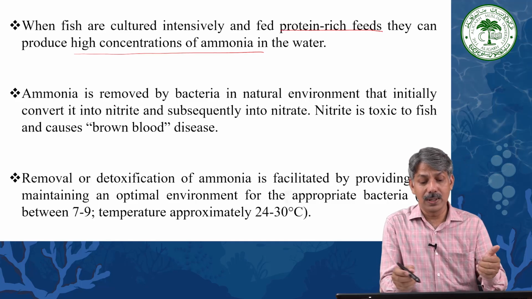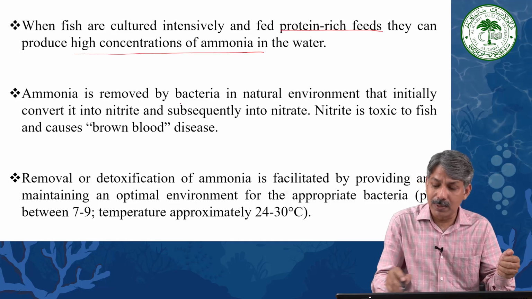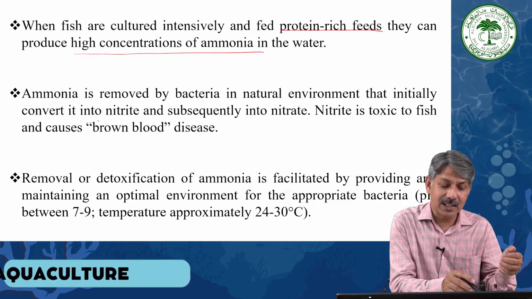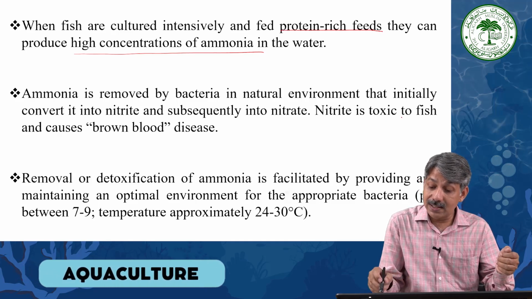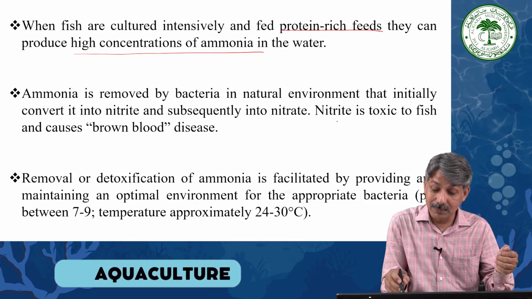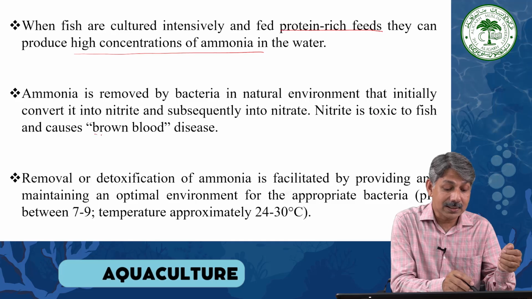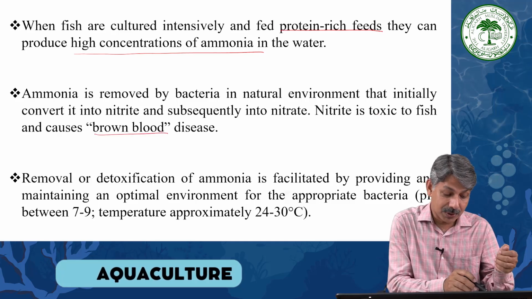Ammonia, however, is naturally removed by bacteria that initially convert it into nitrite and subsequently into nitrate. If nitrite is more, then it is toxic and causes brown blood disease in case of fishes.